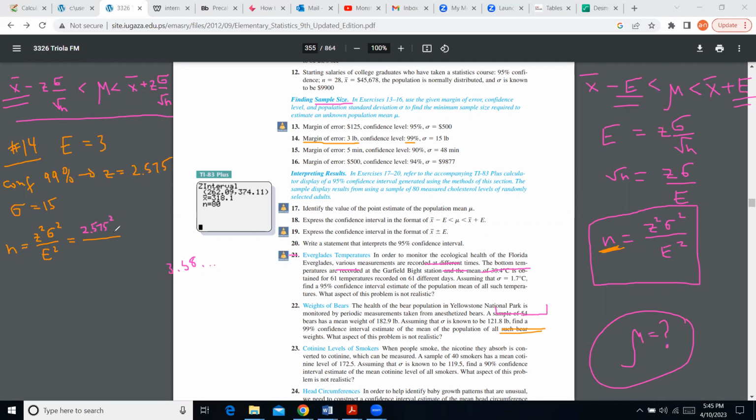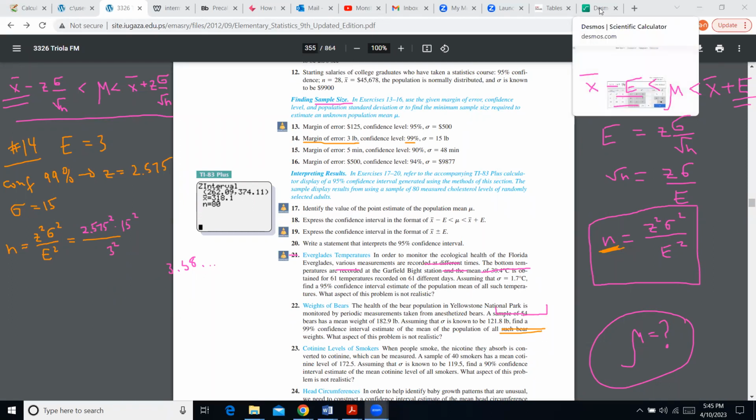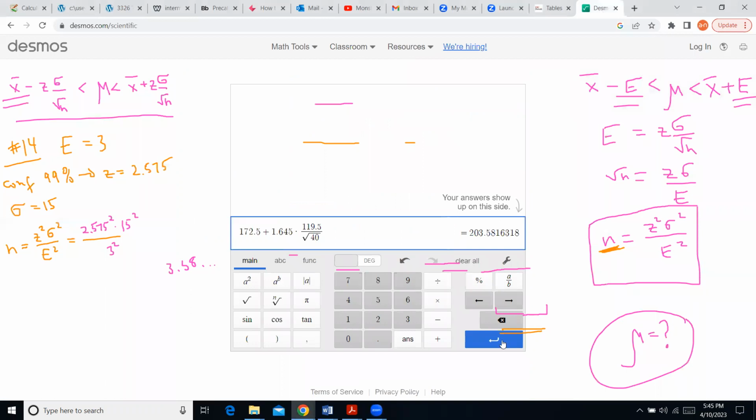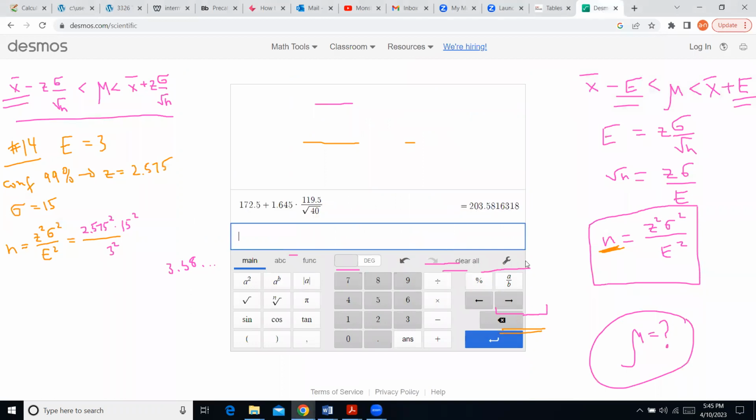So I plug in 2.575 times the standard deviation of 15, so I square it, and the error, which is 3 squared, just like that. So you put this in your formula, and that's all you need in here, and you will get a starting point. How many elements you need to select in a sample so you can produce estimates.